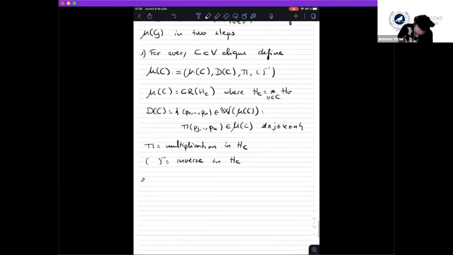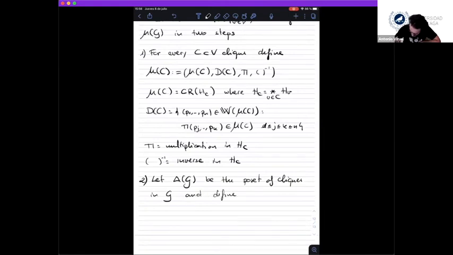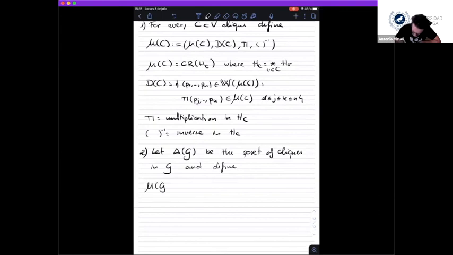And then once you do that, let delta of G be the poset of cliques in G, and define M of G to be the colimit over delta of G of those M_C that we have constructed.